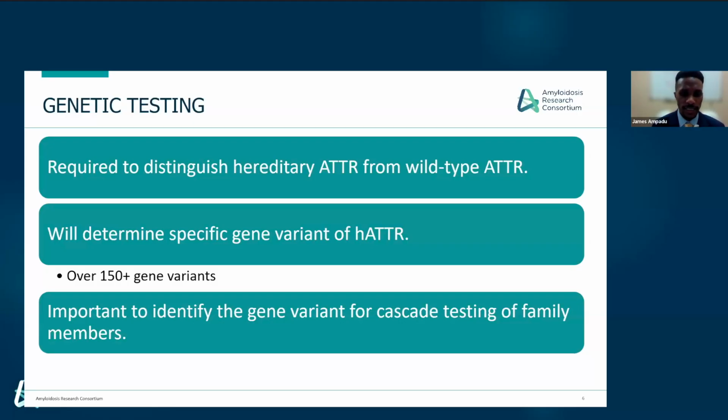So when you do genetic testing, you can find the specific gene. Talked about there's over 150 genetic variants. And then when you find that specific gene that runs in families, you want to do cascade testing within the family so that you can identify other family members that carry that genetic variant. And then hopefully you can prevent them, or you can find out if they're at risk for getting the disease.